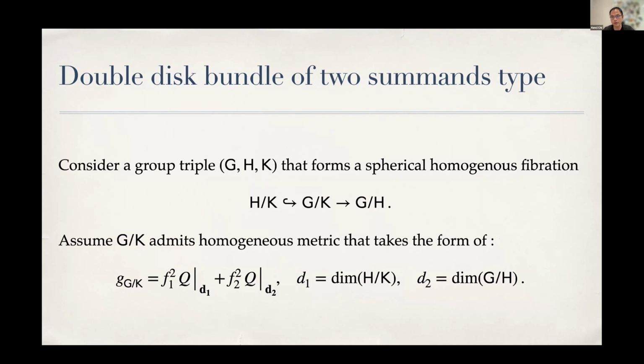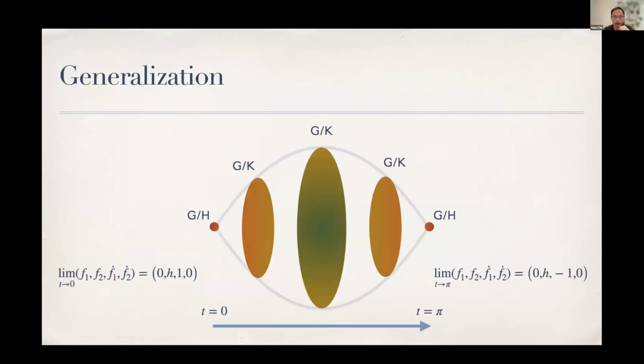And of course, each G/K will be related to a structural triple, d1, d2, and a constant A, where d1 is the dimension of the spherical fiber, and d2 is the dimension of the base space. And we have a similar picture, right? In the middle, you have the principal orbit, and on both ends, it collapses to the singular orbits. But I haven't told you what the constant A is.